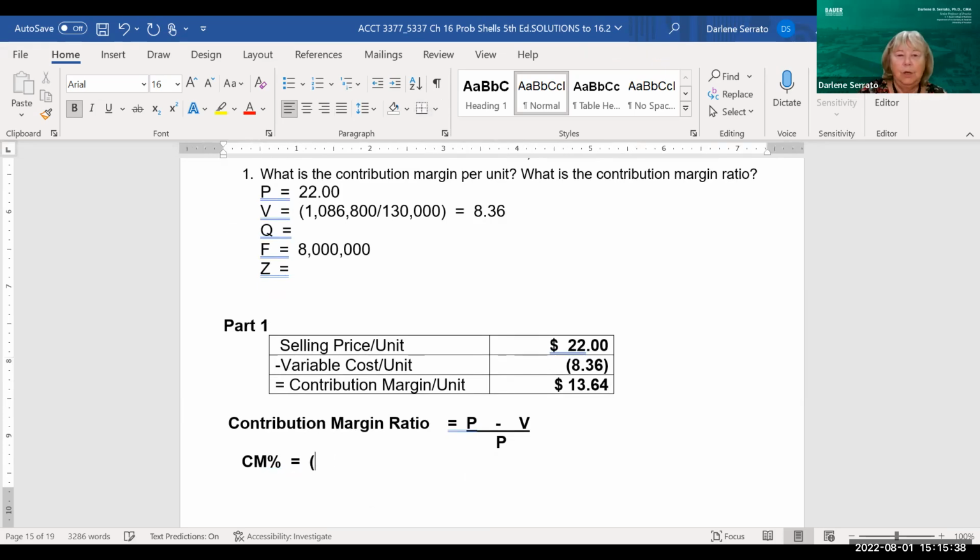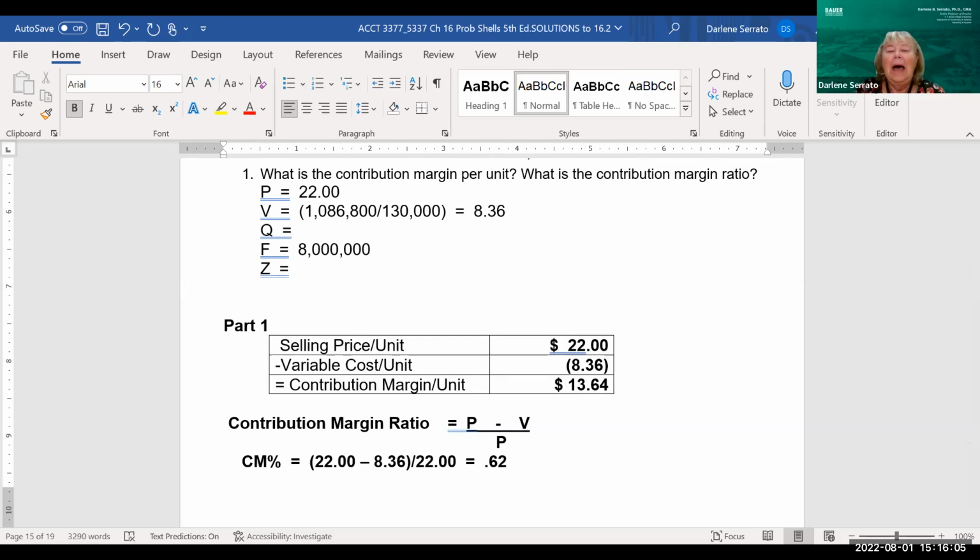Contribution margin ratio, 22 minus 8.36 divided by $22. Going to give us 0.62.